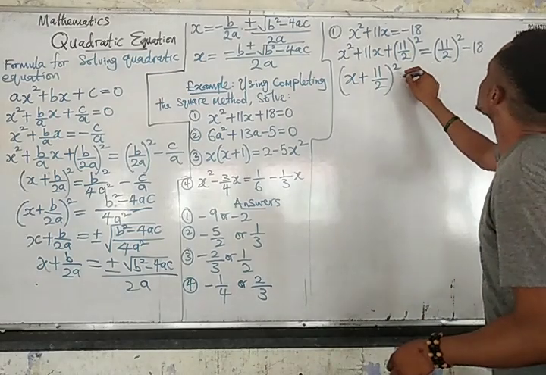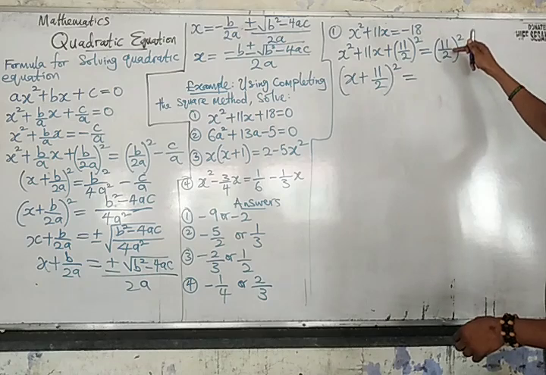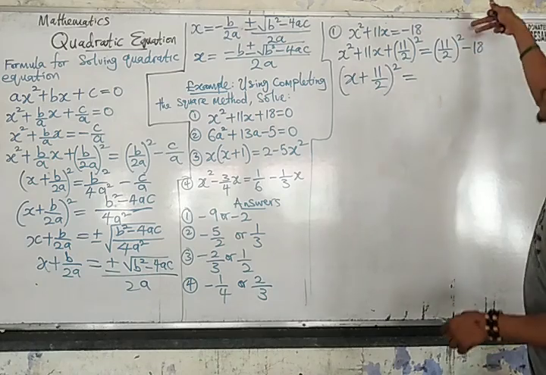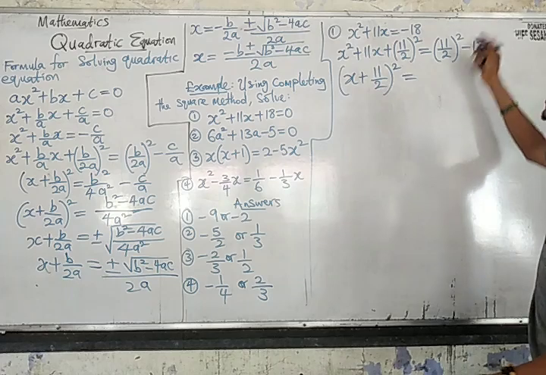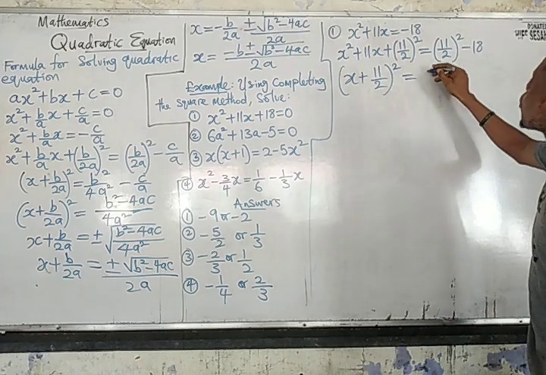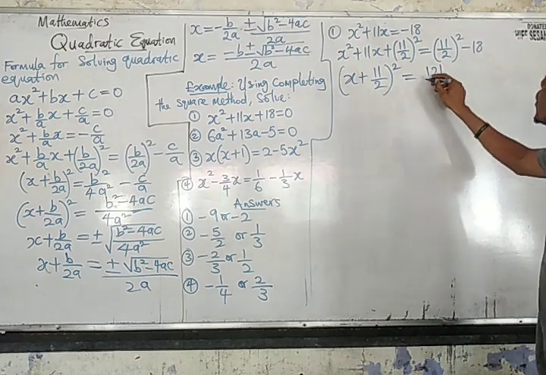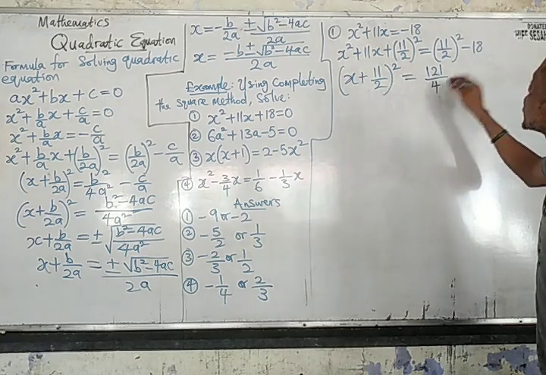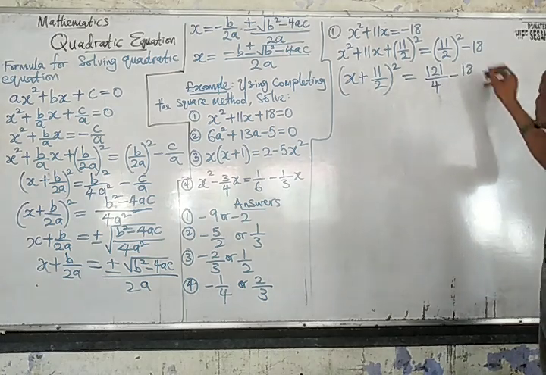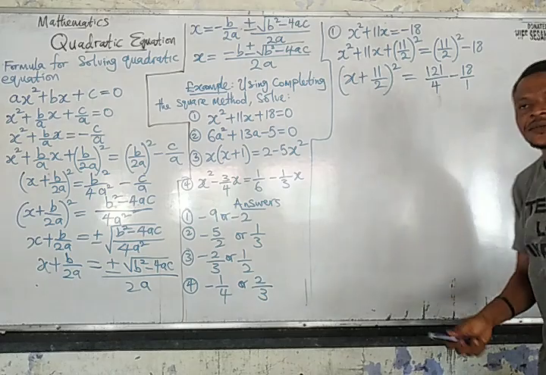Now to this side, which is 11 all over 2, we are going to square it. By the time we square the 11, it gives us 121 all over the square of 2 will give us 4. Then we have minus 18 all over 1.